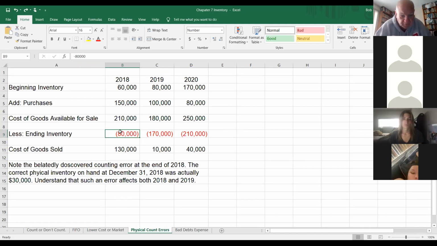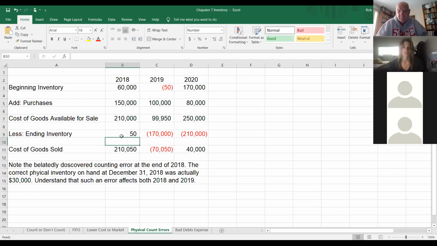Let's make this number 500. Keep your eye on the 2020 column. What did you notice about the 2020 column? It added 50. The 2020 column? Nope, nothing happened to it. Oh, no, 2019. 2020. Never mind.